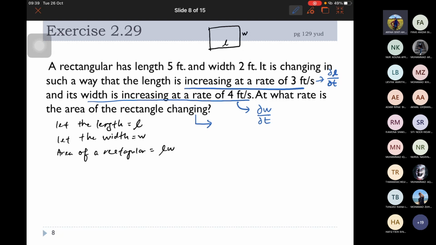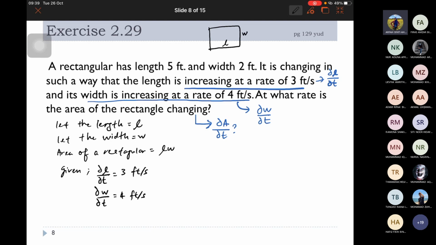Meaning that the question want to find delta A over delta T. Okay. So from here, given delta L over delta T equal to 3 feet per second. And delta W over delta T equal to 4 feet per second.